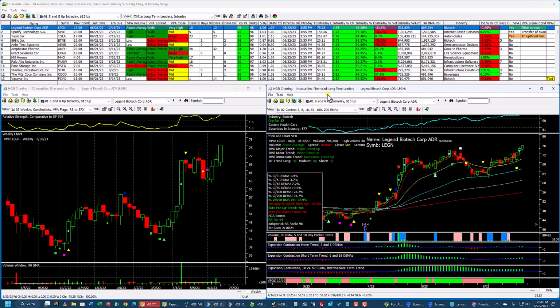And I mentioned in the past, not today, that the longer term charts have a tendency to dominate. So if a stock is moving up on a weekly chart and it pulls back like this, the weekly is the dominant chart. And more than likely, in this instance, it found support at the 50-day.